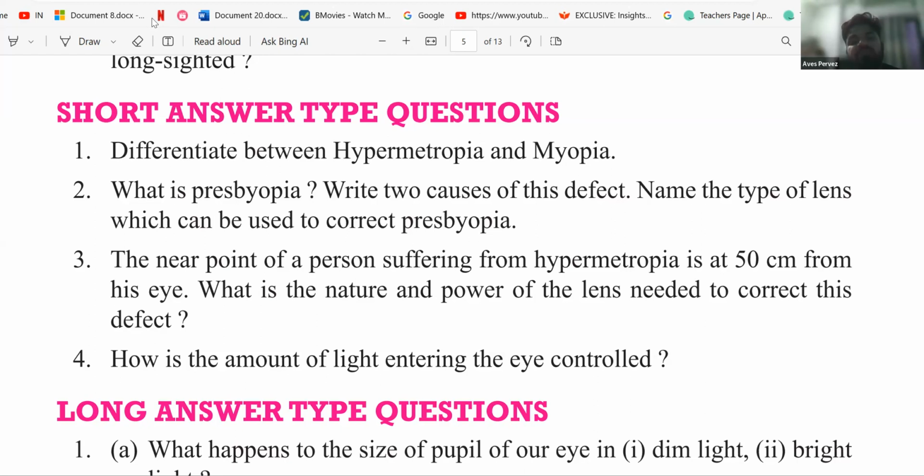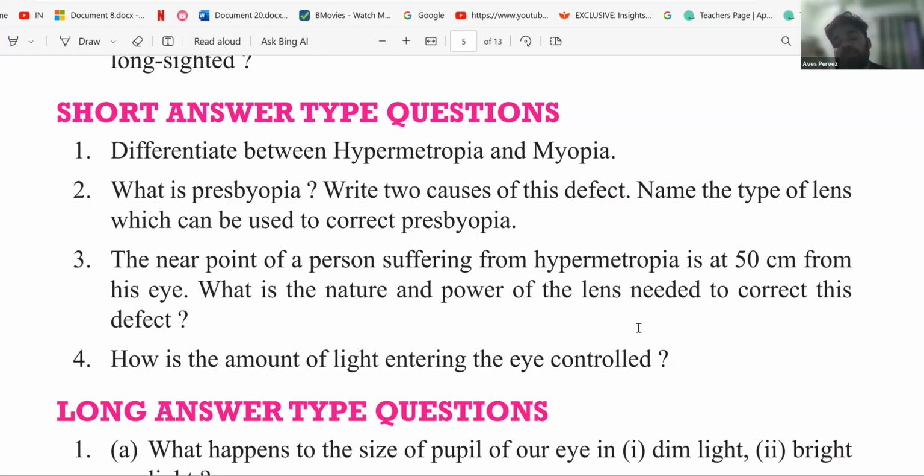If the near point is given to you and this is a hypermetropic eye, so what is U in this case for a hypermetropic eye? Tell me what is U? Minus 25. Very good. And V is 50.